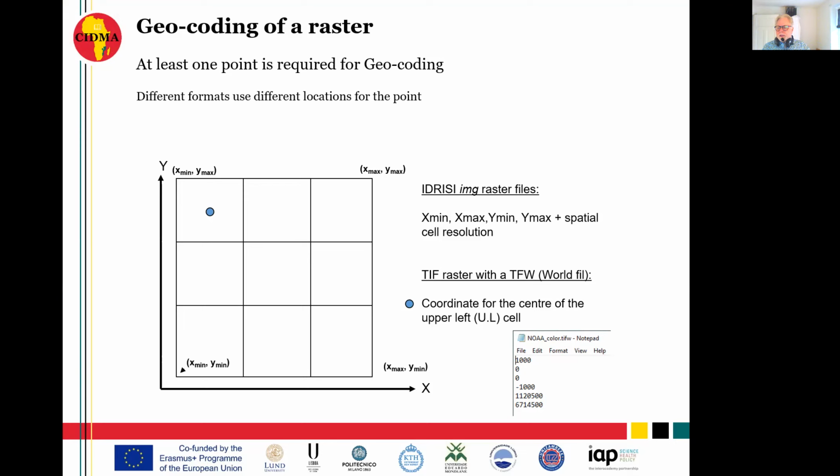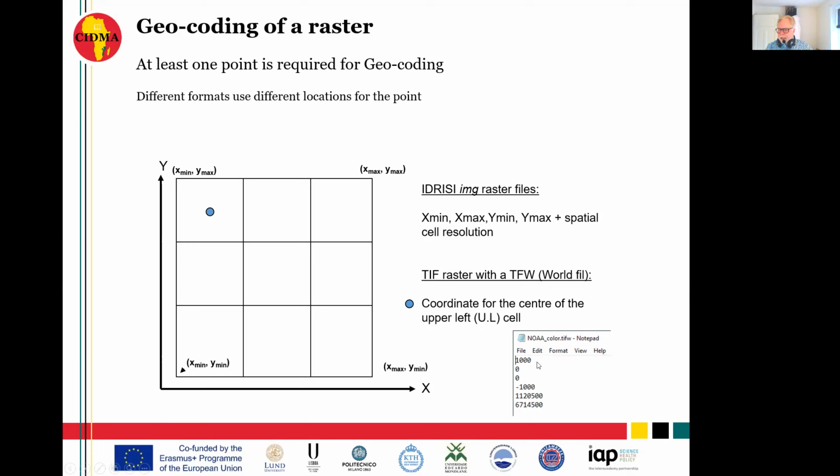Other formats that are used are, for instance, a TIFF image, where the coordinate for the center of the upper left cell is provided in some way. If it's a TIFF file with an accompanying TIFF world file, like we see here, this is a world file that you can actually look at in Notepad or some text editor. There we have the information for the GIS to correctly put the raster in position.